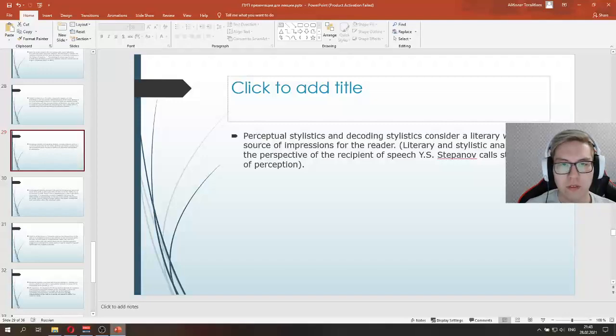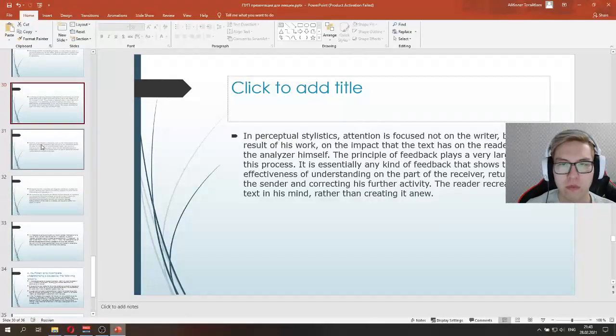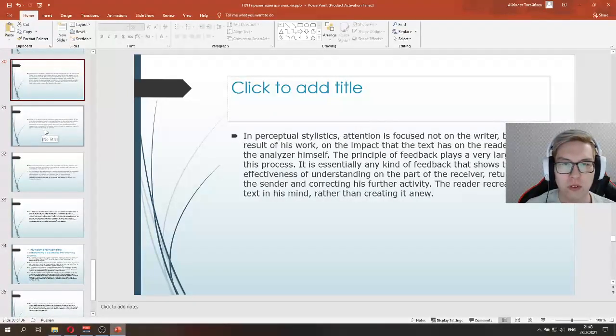Perceptual stylistics and decoding stylistics consider a literary work as a source of impressions for the reader. Literary and stylistic analysis from the perspective of the recipient of speech, Stepanov calls stylistics of perception. In perceptual stylistics, attention is focused not on the writer, but on the result of his work, on the impact that the text has on the reader, or on the analyzer himself.